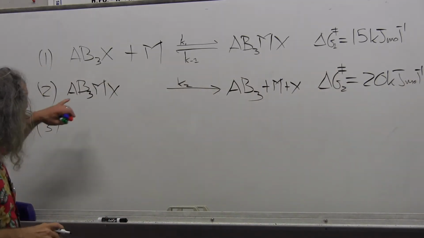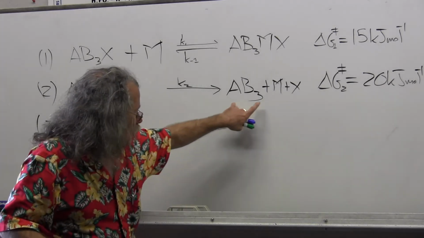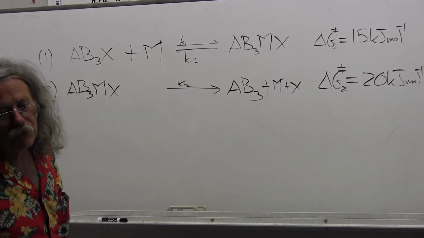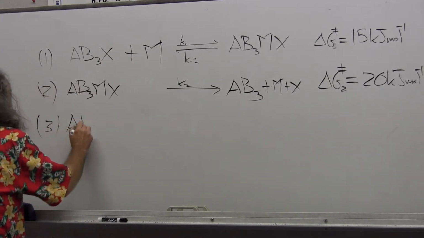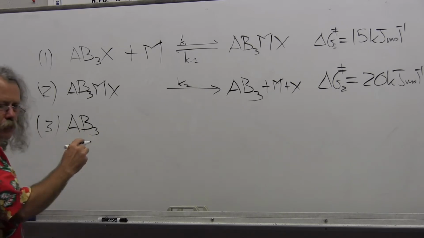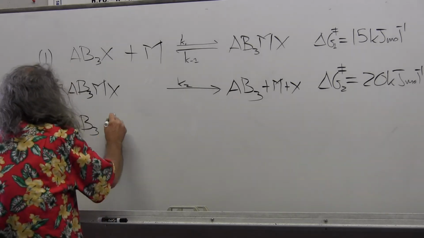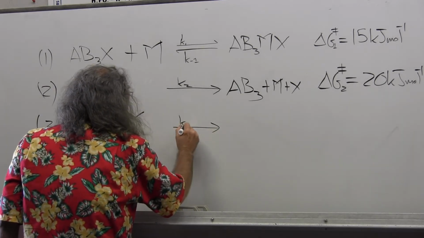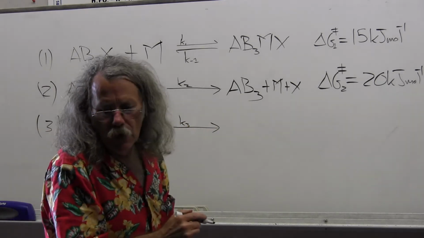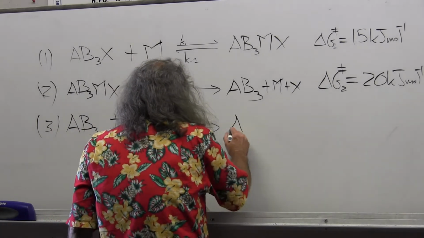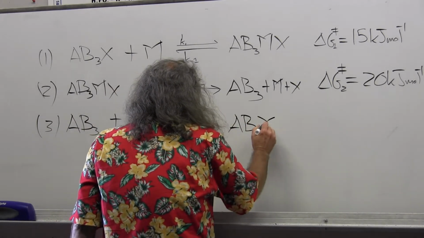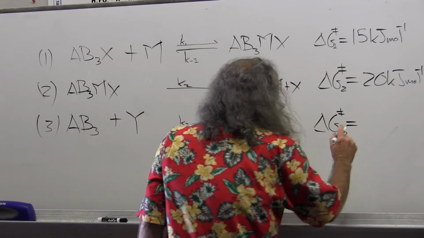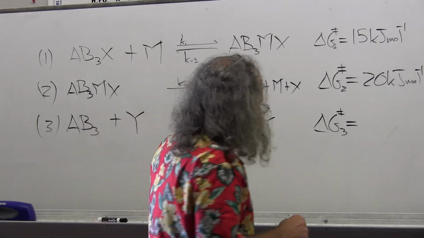So now, the second step is decomposition of this to give AB3 and M plus X. And then the last step in the sequence is the AB3 so formed interacting with Y, giving me a product. And delta G double dagger 3 is equal to 10 kilojoules.